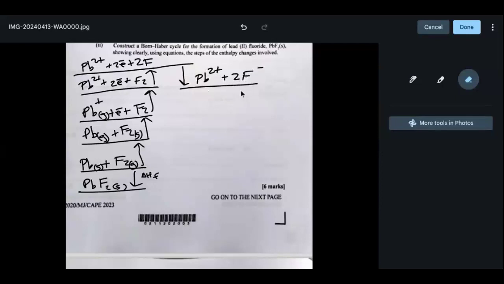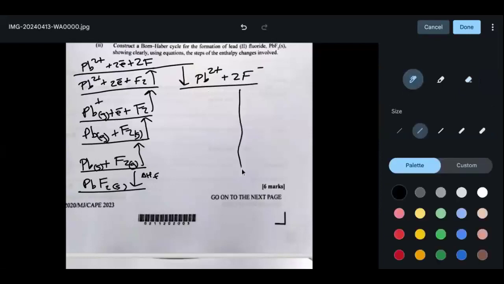All right, and then of course you draw a line, come all the way down, and this is your lattice enthalpy.